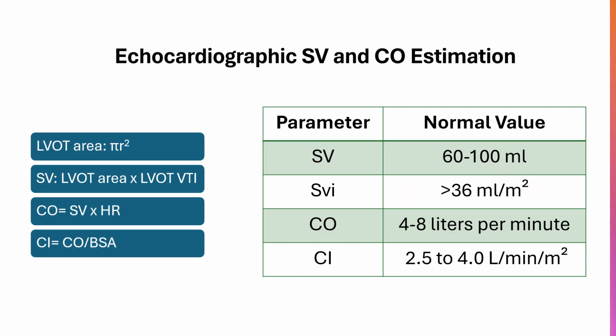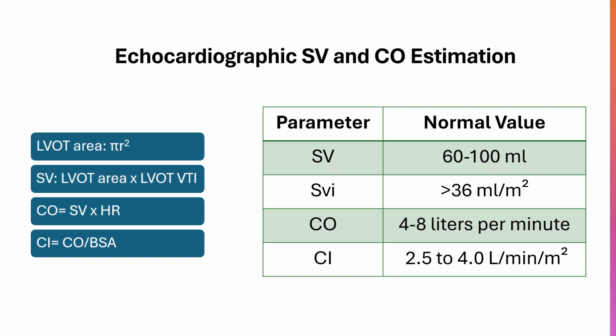How do we derive the LVOT area from the diameter? The formula for that is πr squared, where r stands for radius, which is half of the diameter, and π stands for 3.14. Again, our stroke volume based on echocardiography will be our LVOT area times LVOT VTI.